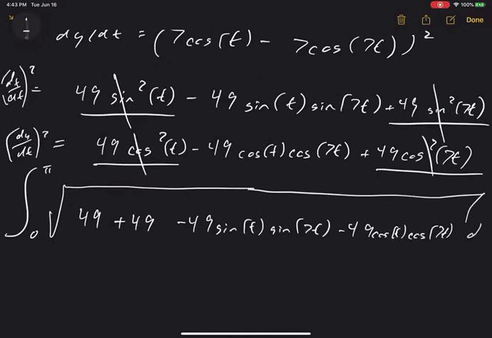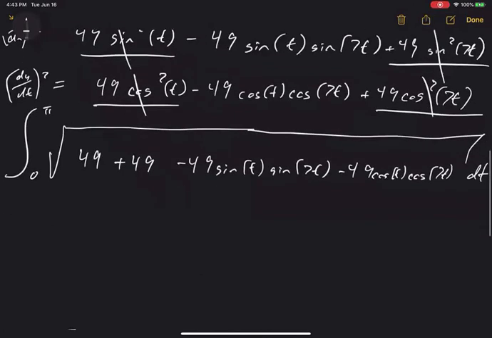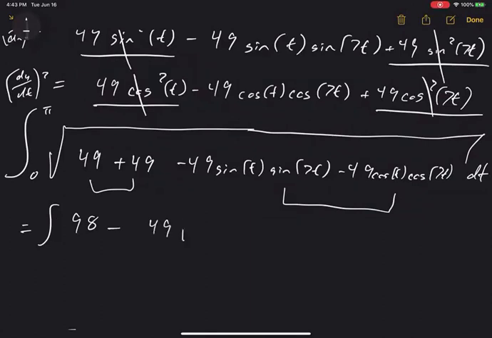All right. How do I deal with this? Well, there are some trig identities I can use. Let's combine these: 98, minus 49. Let's factor it a bit. It'll be easier to see if I factor this like so.